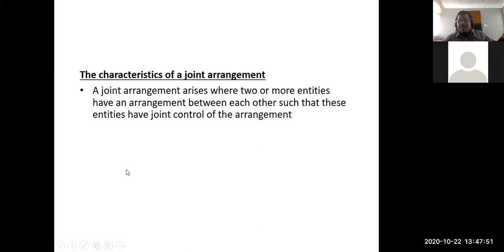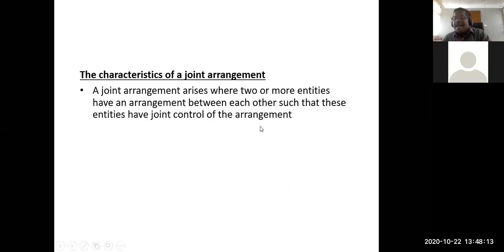Joint control. I think a classic example is to think about your family, mother and father. There are only two parties, mother and father, but they jointly control the home affairs.